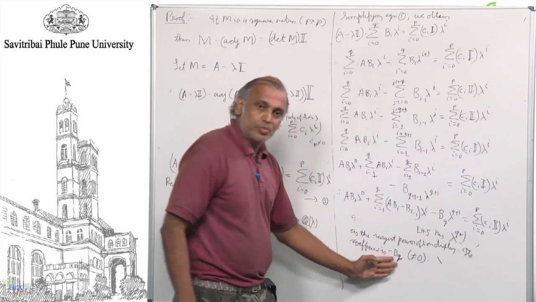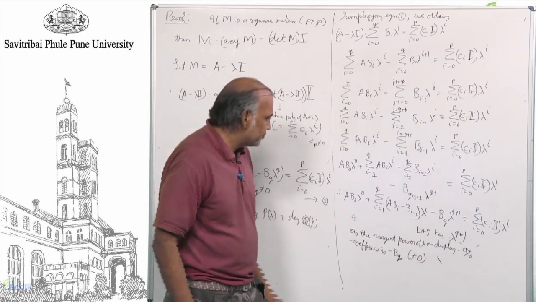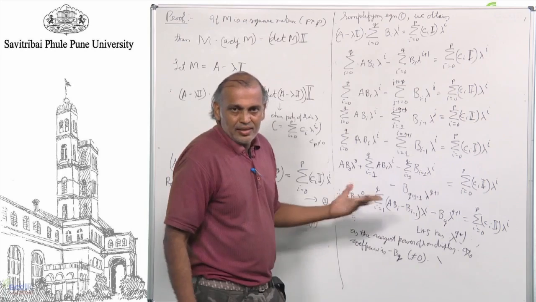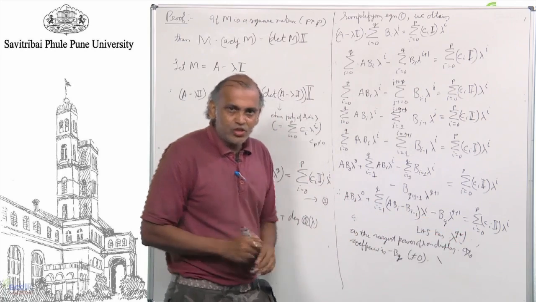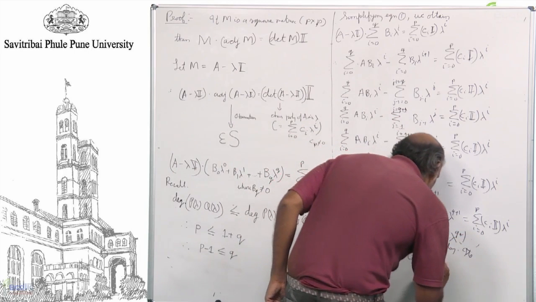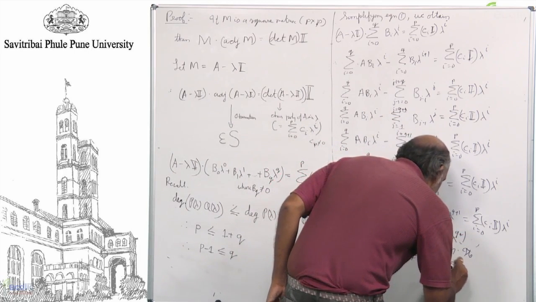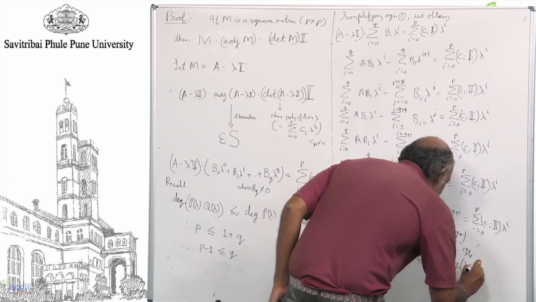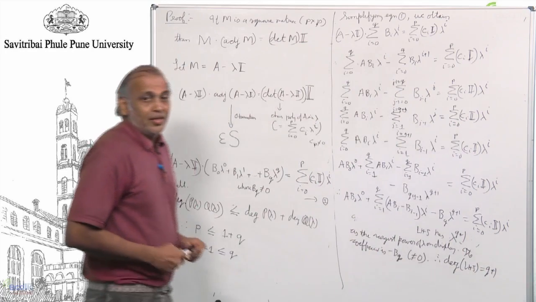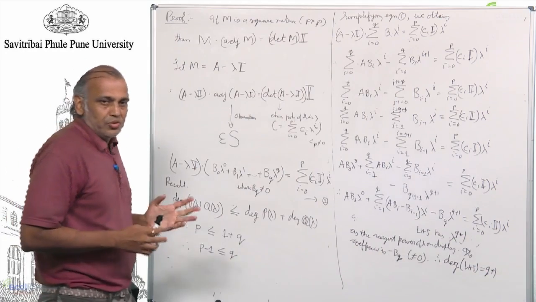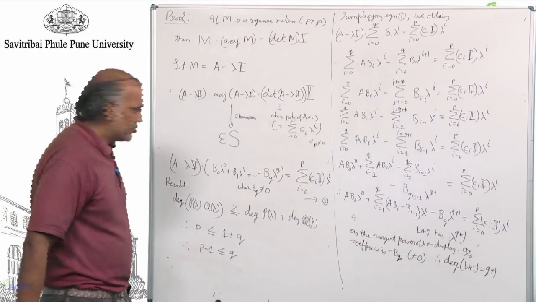Its coefficient is minus bq, which is not equal to 0. And so the degree of LHS is certainly q plus 1. Therefore, the degree of LHS is equal to q plus 1. This is for sure. I have not invoked that q is bigger than p minus 1 thus far. I erase that.